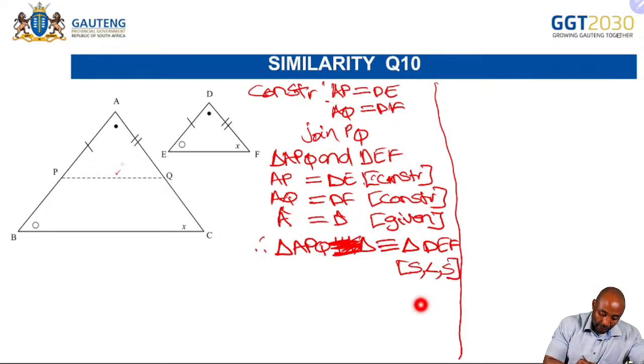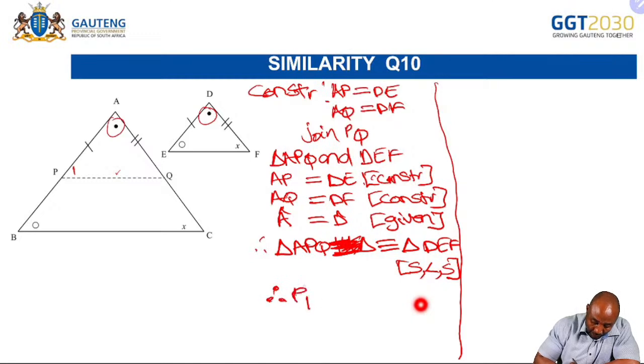This side AP is the same as DE, and the side AQ is the same as DF, and the angle A is equal to that one. So it's a side, angle, side, so the two triangles are congruent. I will call this one P1. I can now conclude that angle P1 is equal to angle E from congruent triangles.